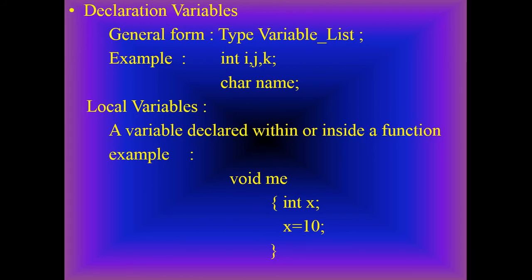Minsan unsay syntax ana sa declaration variable. The books are using the word general form, or sometimes they're also using the word syntax, but the common term for this one is syntax. So for the declaration variable general form or syntax, we have the type, which refers to the data type.